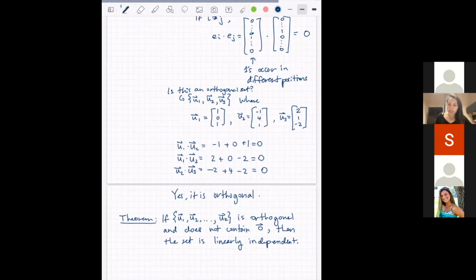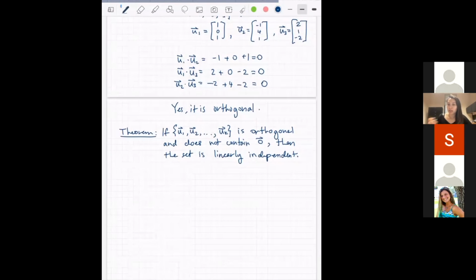Which I think kind of makes sense from what we know intuitively about linear independence. For instance, if two vectors in R2 are going to be linearly dependent, they have to be constant multiples of one another. So clearly, if we had a right angle between them, that couldn't happen, right?